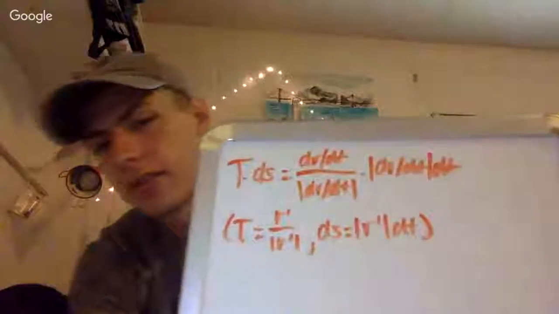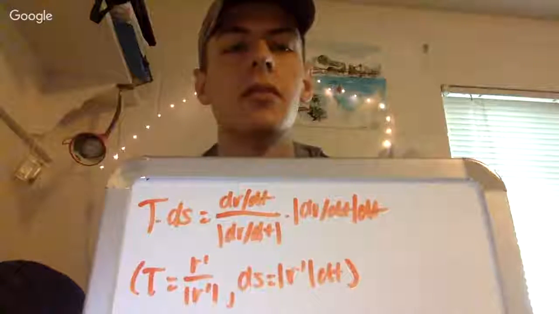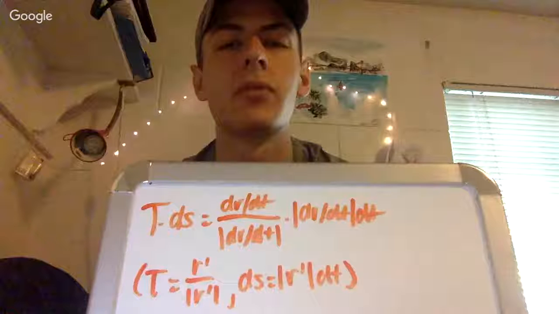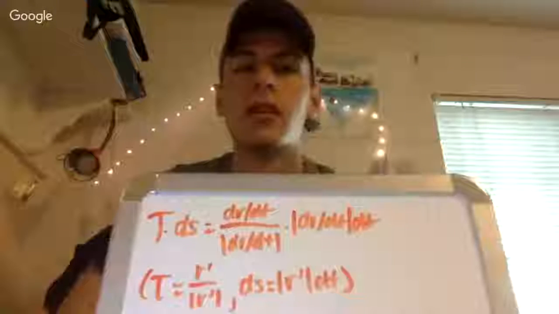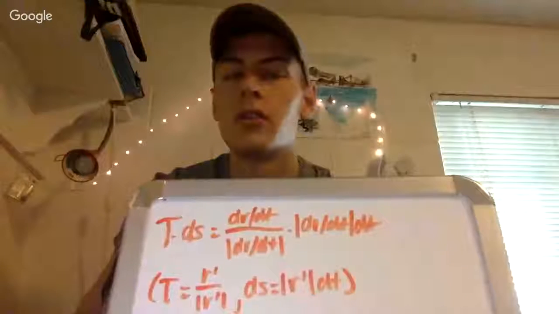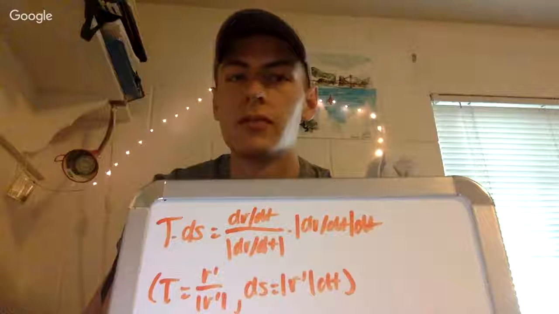So I scribbled it all out and there's more simplification to do. But using the bottom two little equations in the parentheses, T is r prime over magnitude of r prime, and then s is the magnitude of r prime. So x prime of t squared plus y prime of t squared equals the magnitude of r prime squared. So ds equals magnitude of r prime dt.